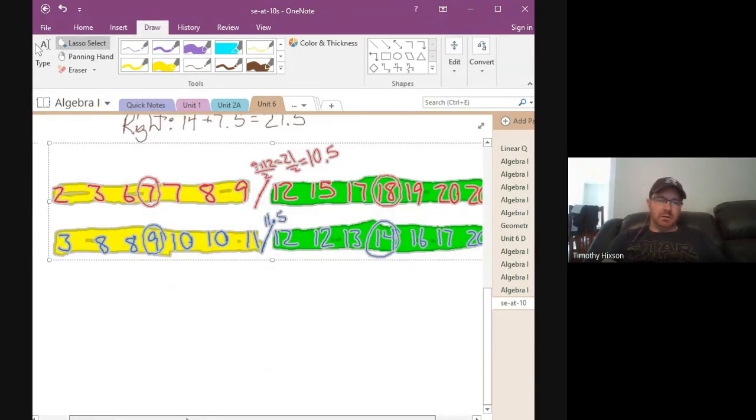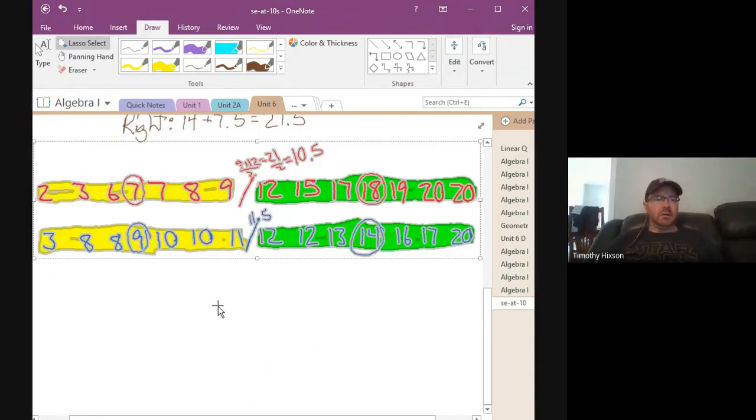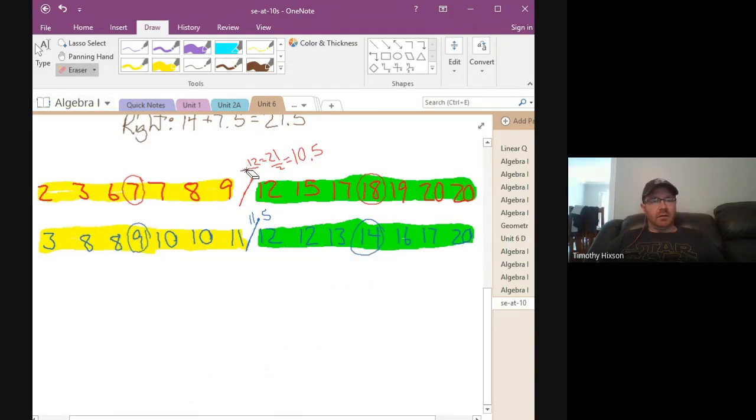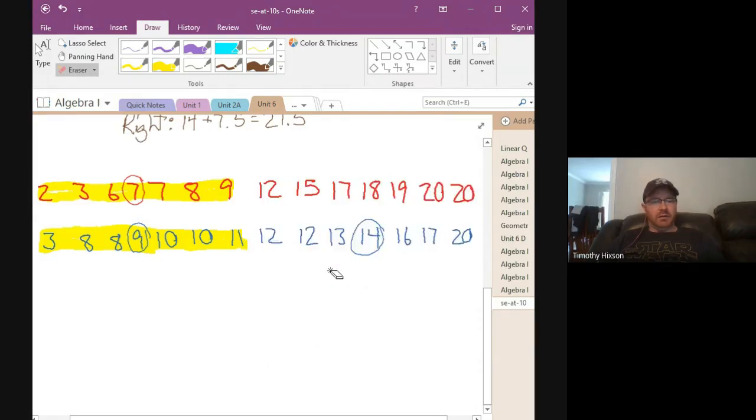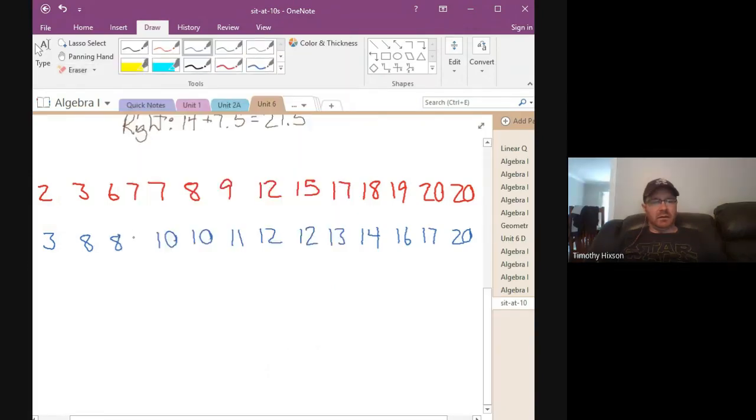Okay. And I'm going to erase the highlighting that I've got. This is a lot easier than rewriting all the numbers. Oh, lost a 9. Get that back.